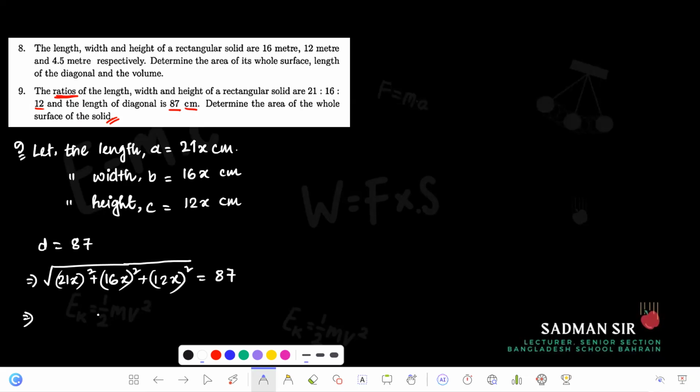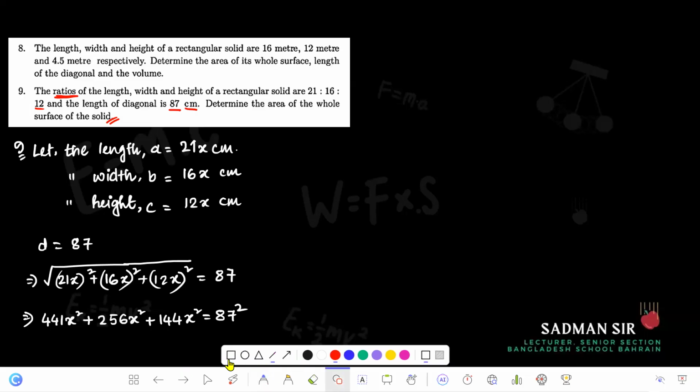Okay. Now, in order to remove this root over, what do we need to do? Square on both sides. So if we square on both sides, on the right hand side it will give us 87 square, right? And on the left hand side, the root over will be gone. 21x whole square is 441x square plus 16x square is 256x square, and 12x square is 144x square.